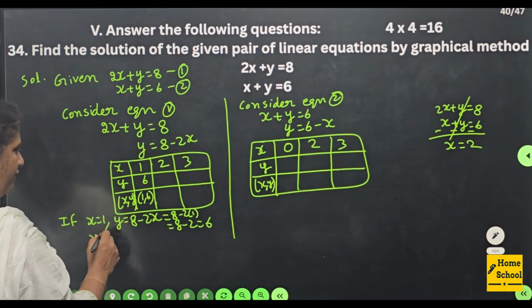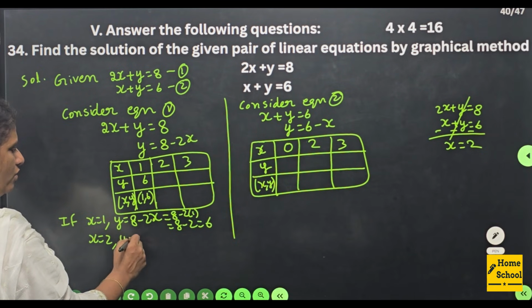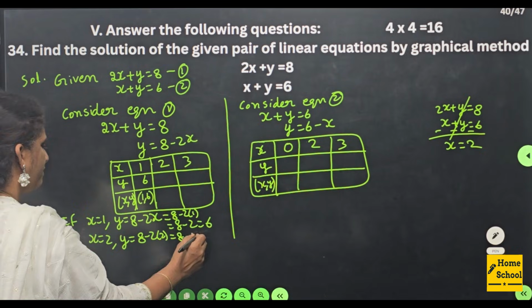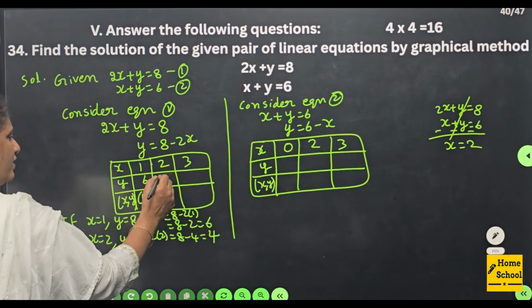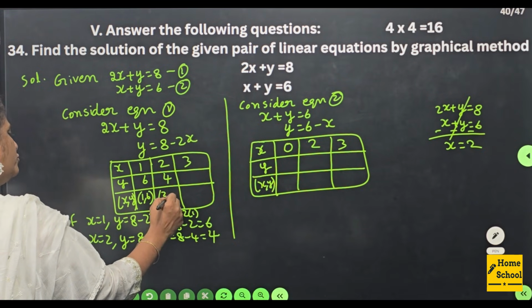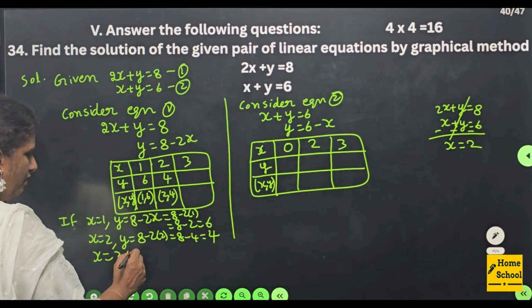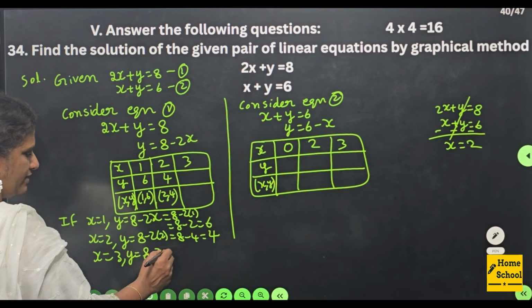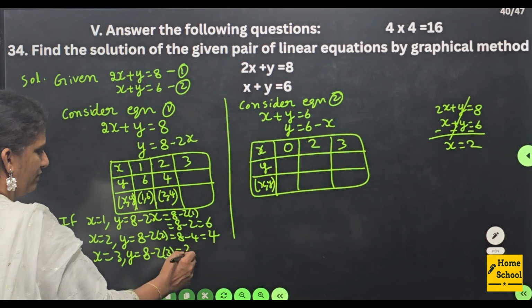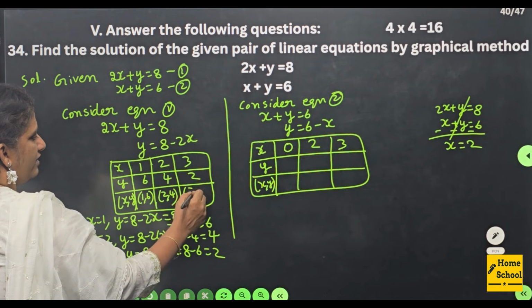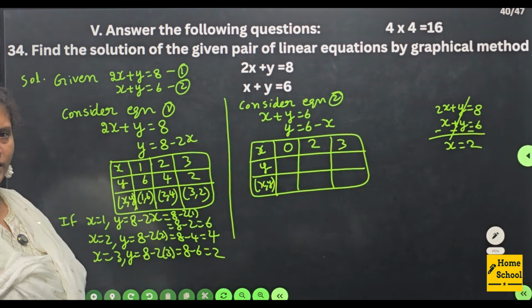Same manner, if x is equal to 2, y is equal to 8 minus 2 into 2, that is 8 minus 4 is equal to 4, and the coordinates are 2, 4. If x is equal to 3, y is equal to 8 minus 2 into 3, that is 8 minus 6 is equal to 2. The coordinates are 3, 2.